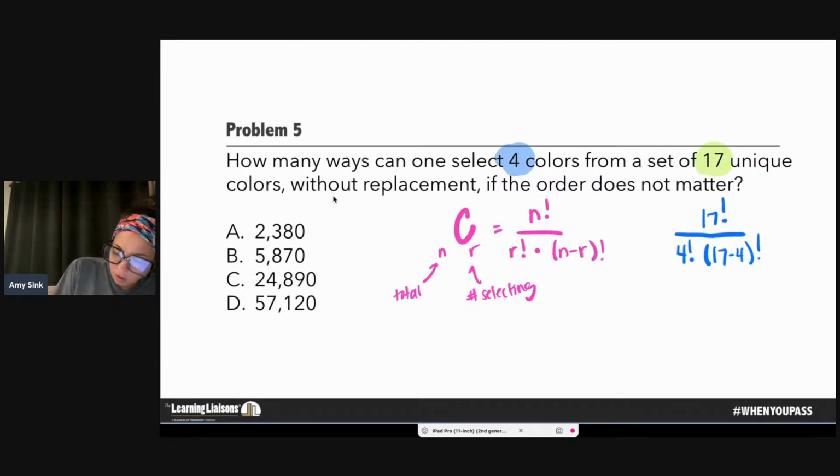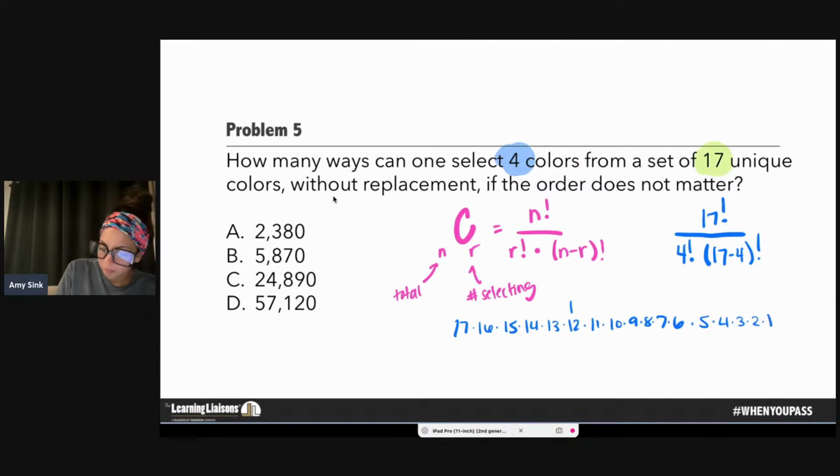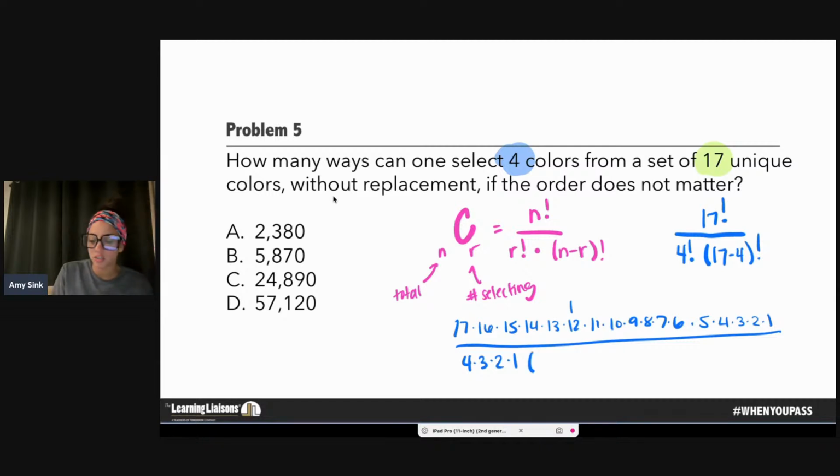So let's go ahead and write that out because I want to show you something. 17 times 16 times 15 times 14 times 13 times 12 times 11 times 10 times 9 times 8 times 7 times 6 times 5 times 4 times 3 times 2 times 1, and then divided by 4 times 3 times 2 times 1 times 17 minus 4, which is 13. 13 times 12 times 11 times 10 times 9 times 8 times 7 times 6 times 5 times 4 times 3 times 2 times 1.